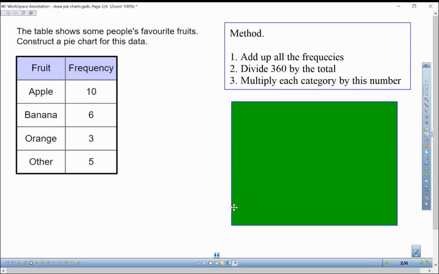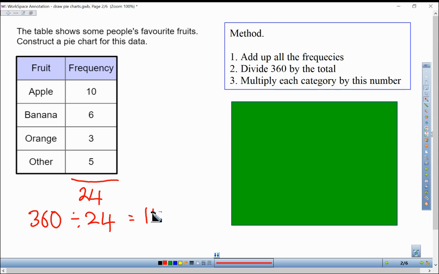Again, this time we'll add up all the frequencies to get a total. When we add them up, we get 10, 16, 19, and 5 is 24. We take 360, that's the number of degrees in a pie chart, and we divide it by our total, which is 24, which gives us 15.